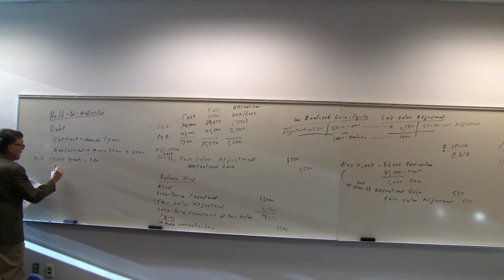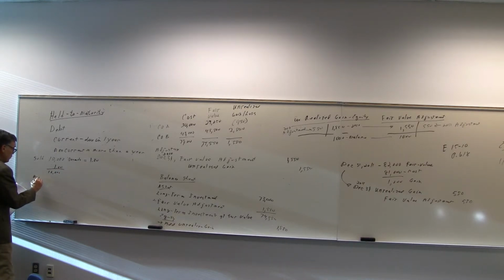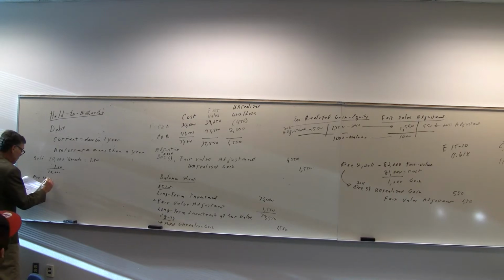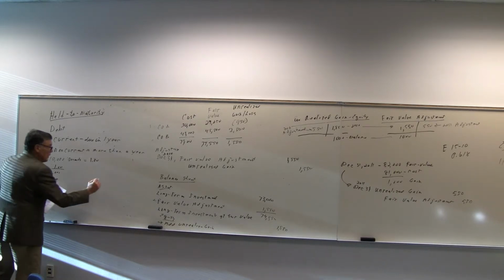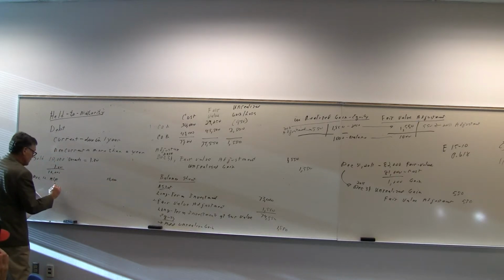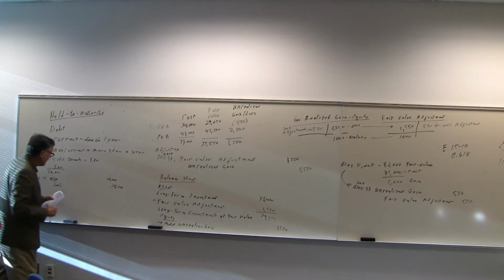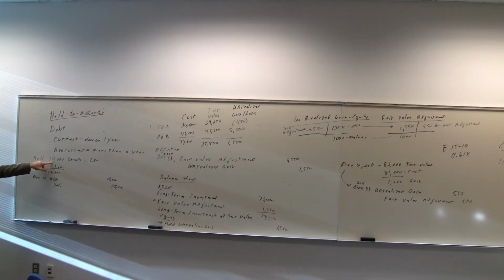So $1.80 times this comes to $18,000. So at the time of the sale on December 12th, you debited accounts receivable for $18,000 and you credited sales for $18,000. It's because you're going to be paid 10,000 pounds, and at that time a pound's worth $1.80.